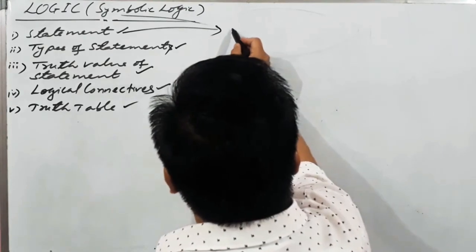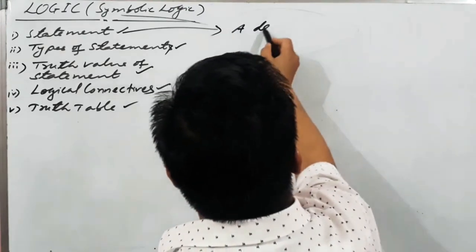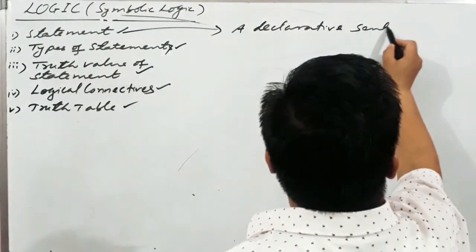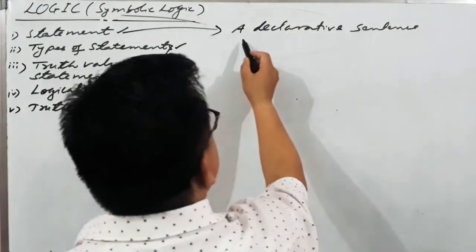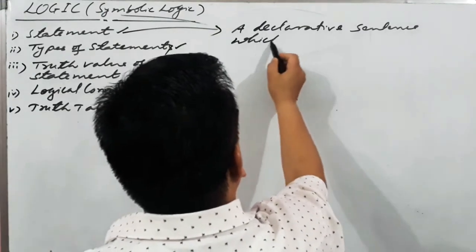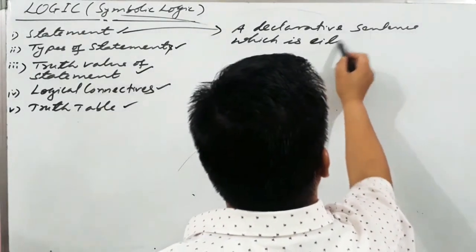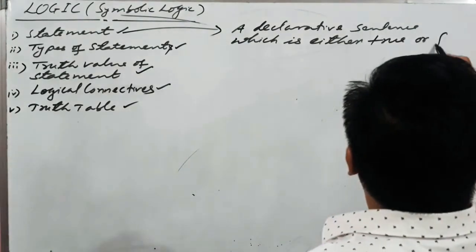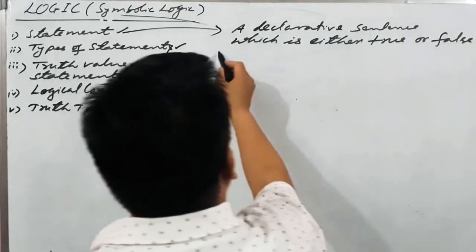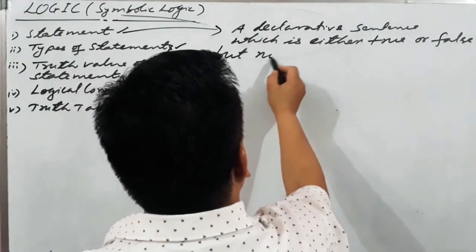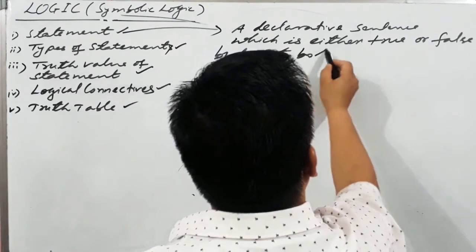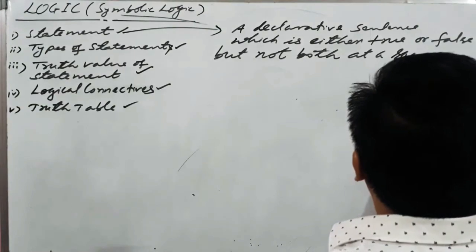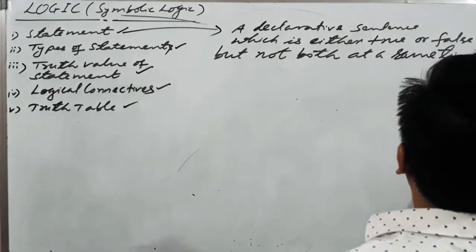Let me write down: a declarative sentence which is either true or false, but not both at the same time.